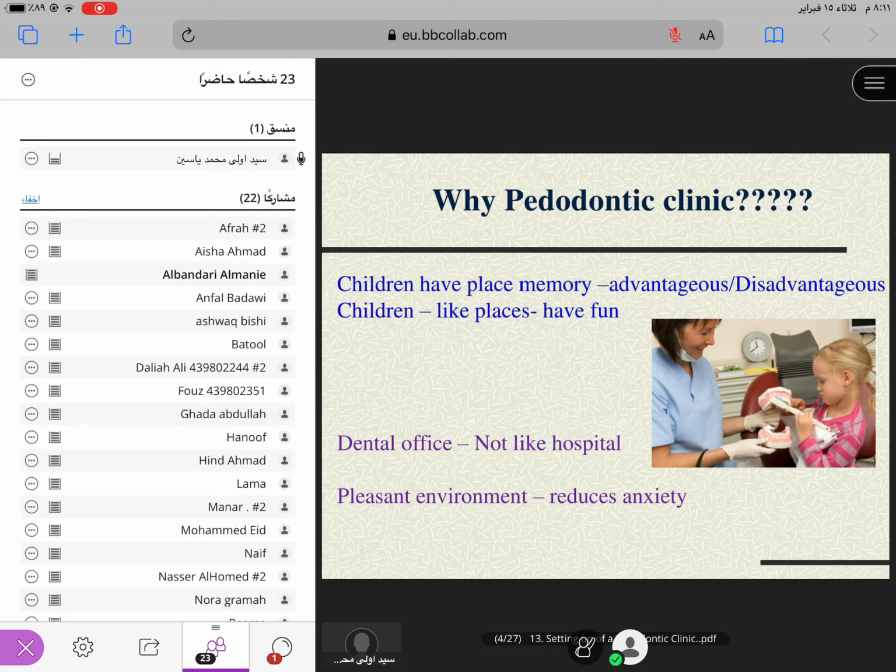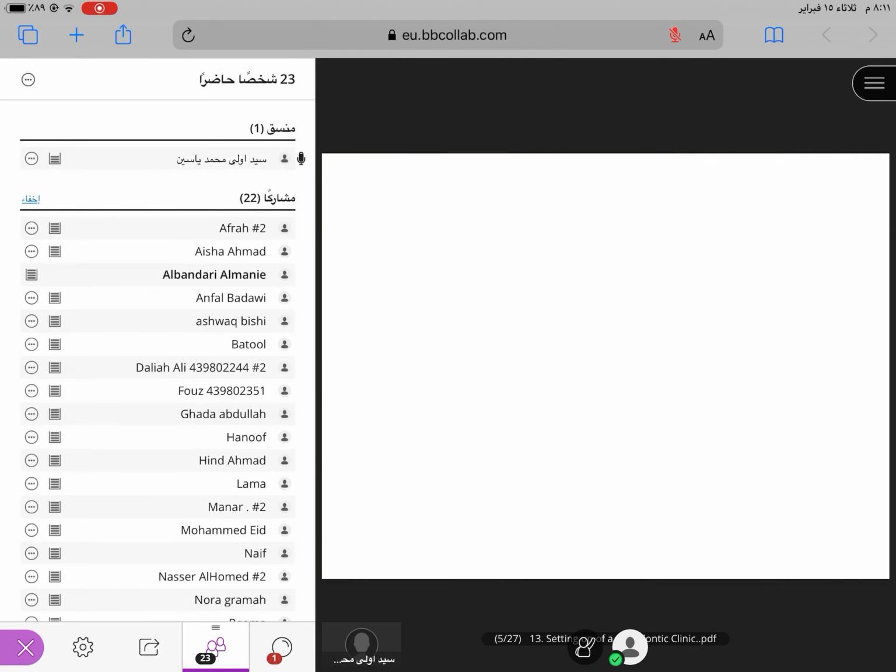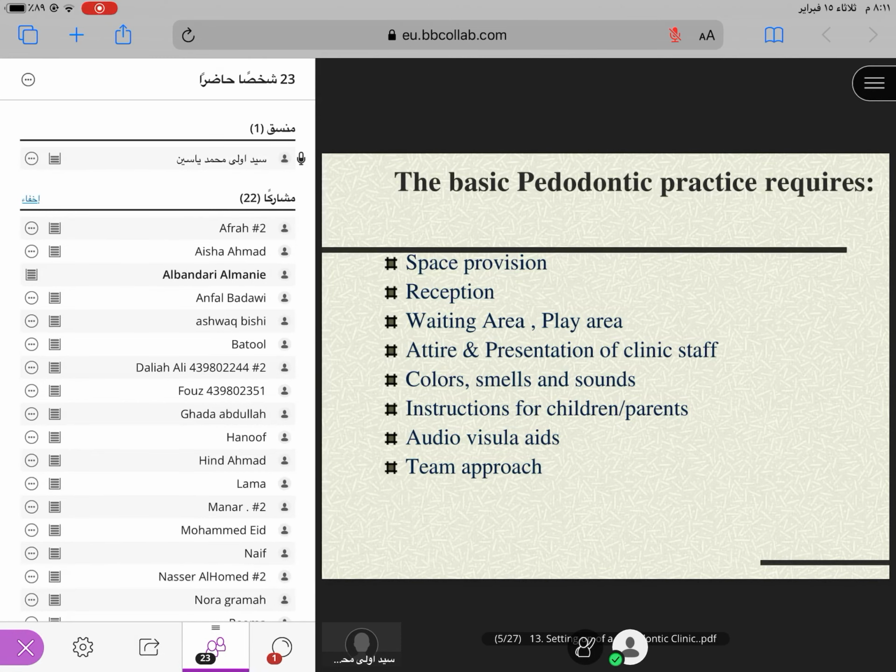Okay, he can express what he feels, and he will be cooperative in a dental setup, so that he can receive the dental treatment in a very positive way, and he will be cooperative in further future appointments. So this is the reason we need to have a separate pediatric dental setup.